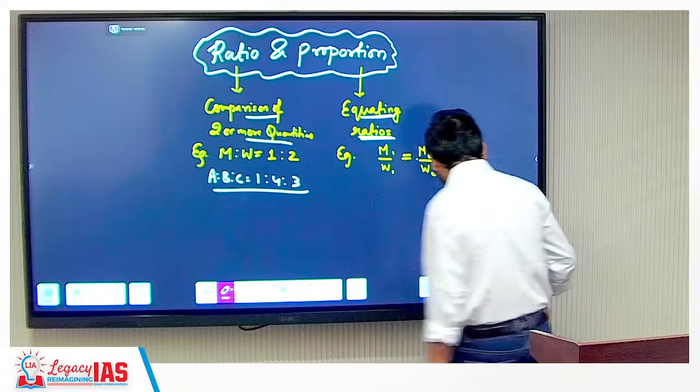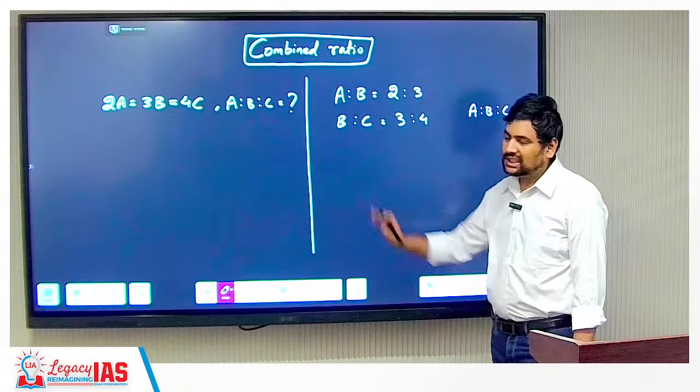Now a few simple concepts. First thing is combined ratio.